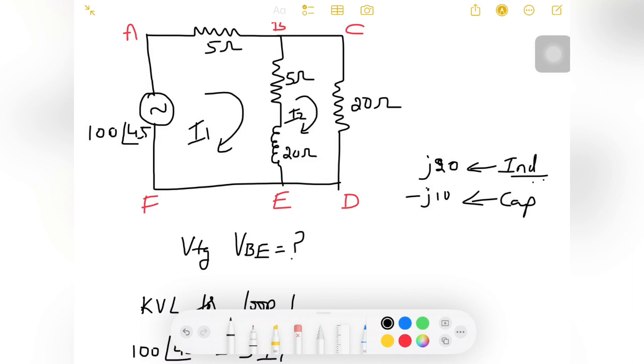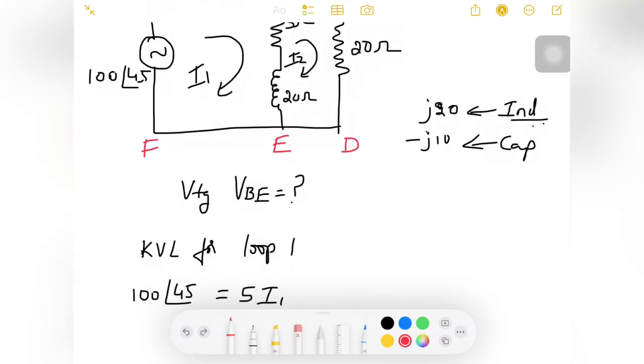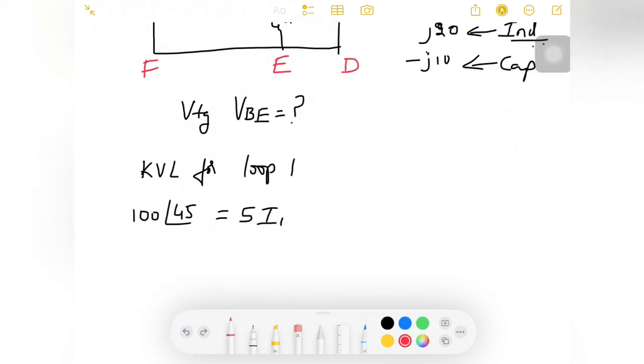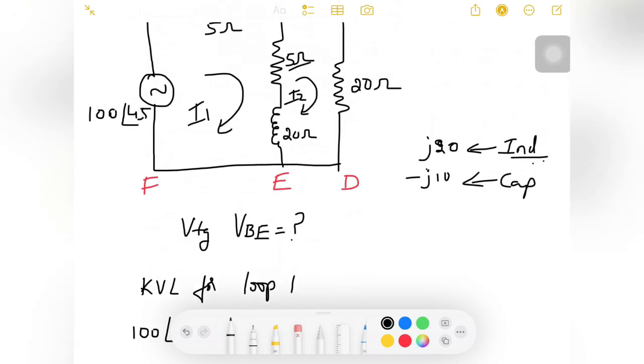Next comes this part of the circuit. In this branch both I1 and I2 are flowing. When I am taking the loop equation for loop 1, I1 will be positive and I2 will be negative. When I am writing the loop equation for loop 2, I2 will be positive and I1 will be negative. That is how we will be considering. So I will write the equation now: plus 5 into I1, that is for the resistor, plus J20 into I1.